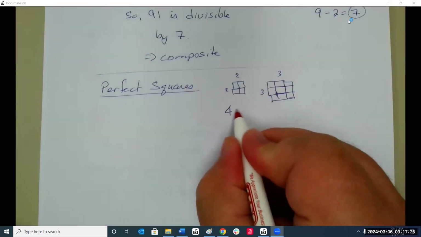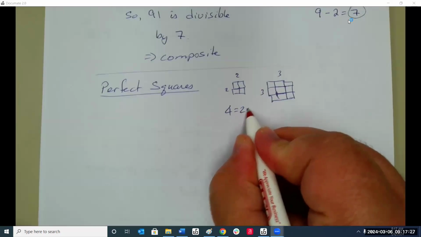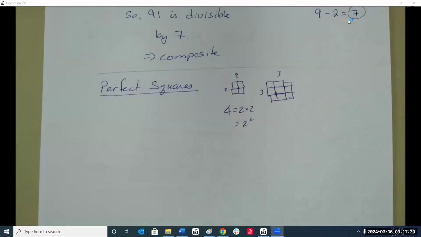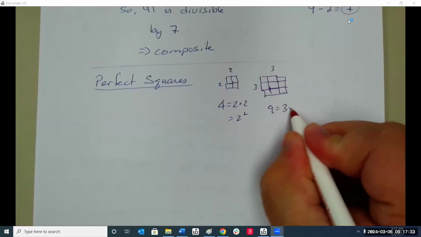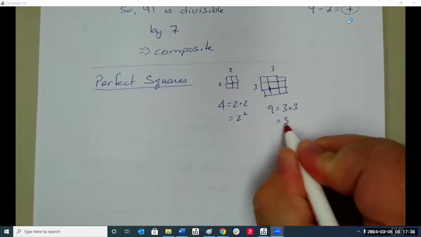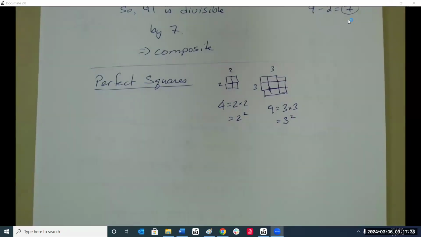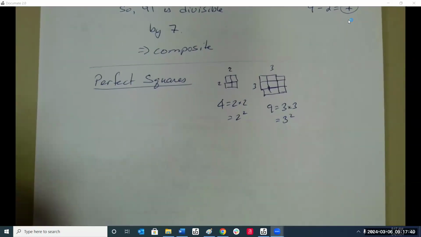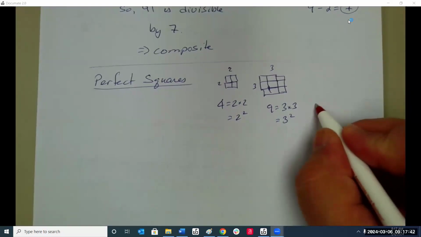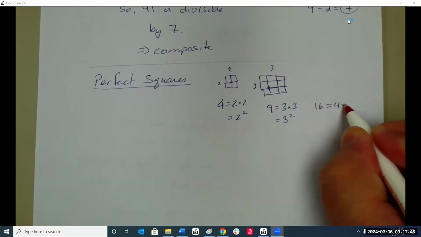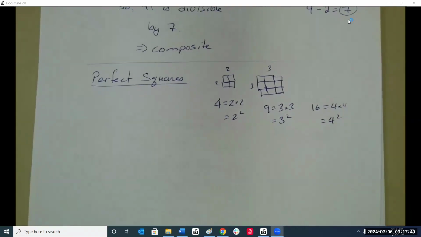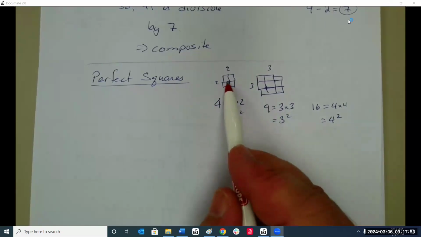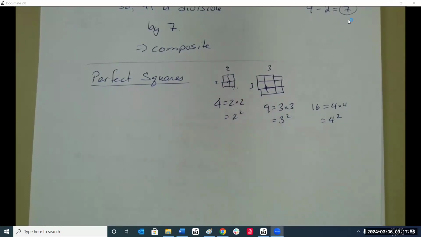So 4 is a perfect square because it's made up of 2 times 2, which is 2 squared. 9 is made up of 3 times 3, which is 3 squared. And so on and so forth. 16 is made up of 4 times 4, which is 4 squared. 25 is 5 times 5, 36, 49, and so on, because you can now represent those as perfect squares.